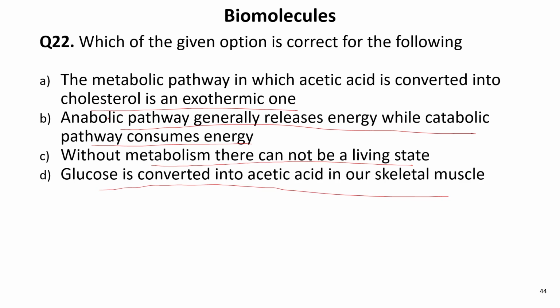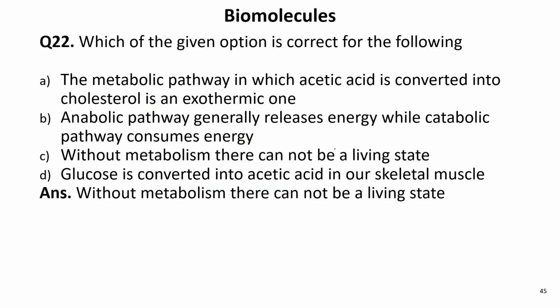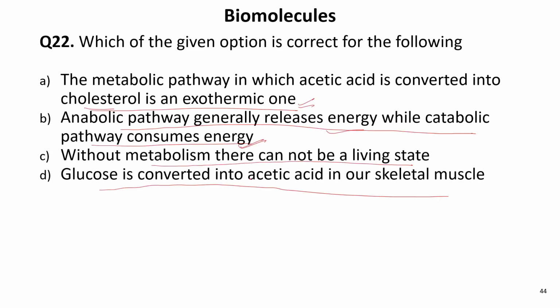So coming to the first option, the metabolic pathway in which acetic acid is converted into cholesterol is an exothermic one. Anabolic pathway generally releases energy while catabolic pathway consumes energy. Without metabolism, there cannot be a living state. And glucose is converted into acetic acid. So these two statements are totally incorrect.